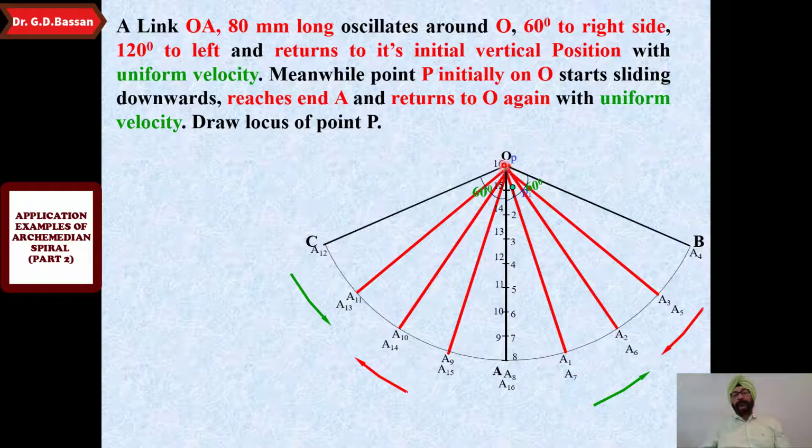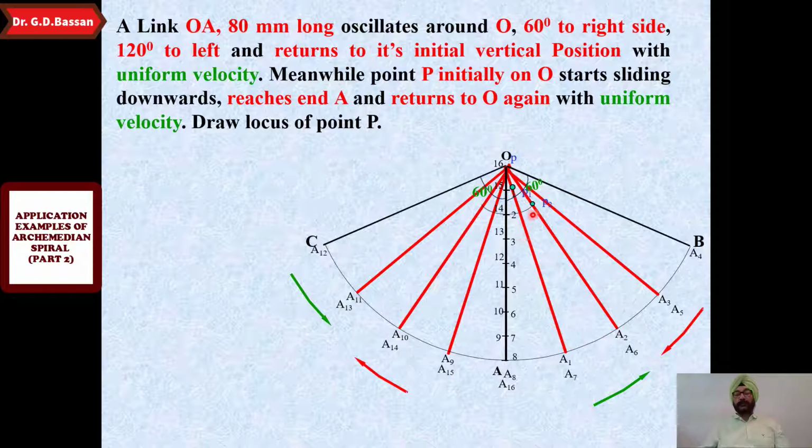Similarly, take center at O, radius equal to O to 2, draw an arc so that it intersects the link OA2 at point P2. Same method we adopt for all the rest of the 16 points.